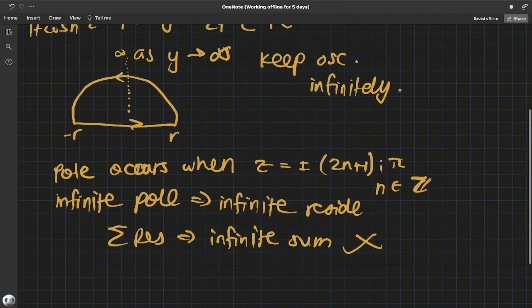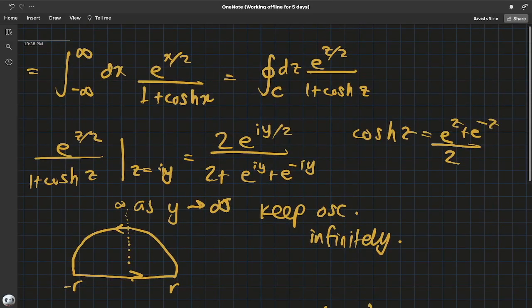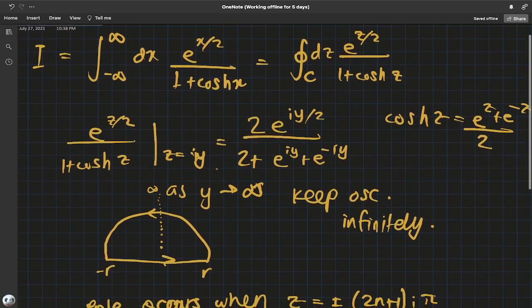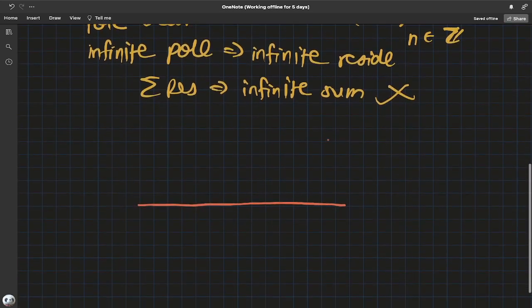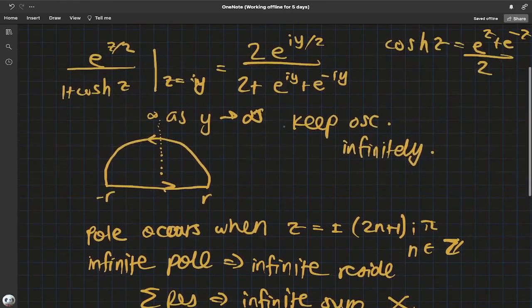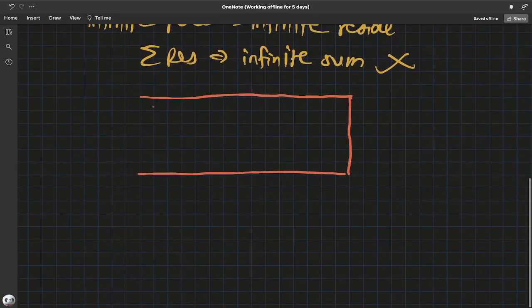Usually if stuff like this happens, you just choose another contour, and I will show you which contour we're going to choose. Okay, let's try this contour, and this is a really genius solution to our problem. Try a rectangular contour with a finite y, because we can't have y infinite, because it keeps oscillating otherwise.